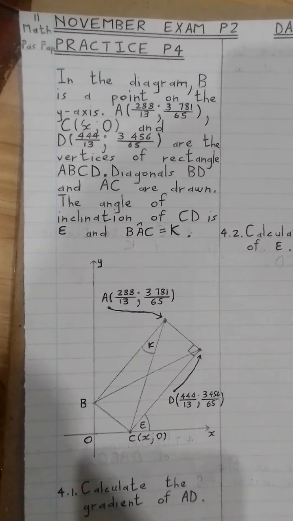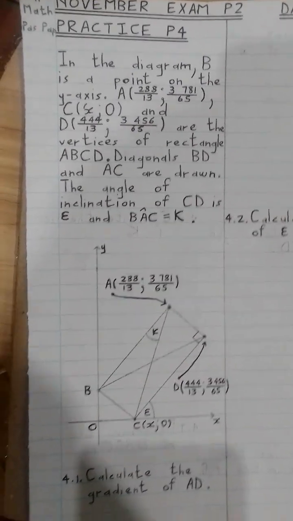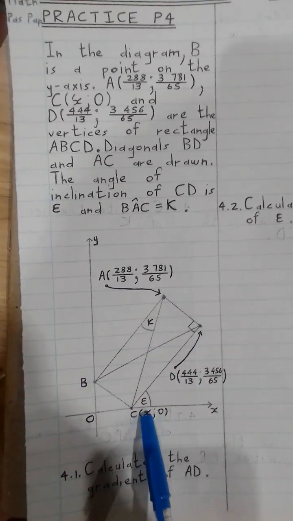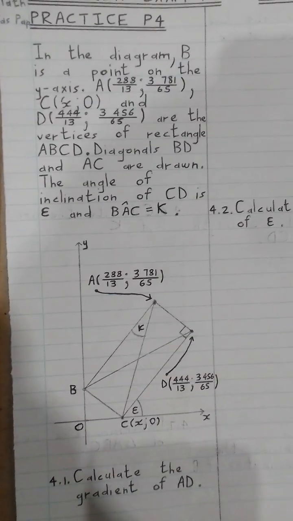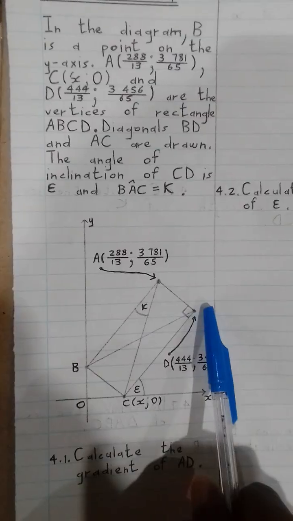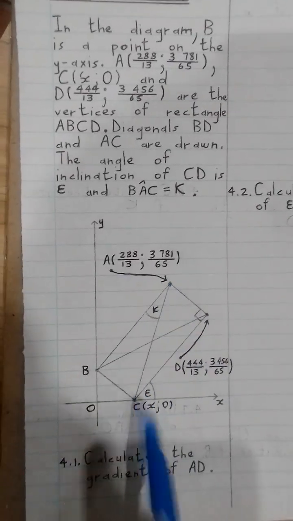They are the vertices of rectangle ABCD. So here is A, then remember B is a point on the y-axis, here's C, here is D. Diagonals BD and AC are drawn. Here are the diagonals, B to D, A to C.